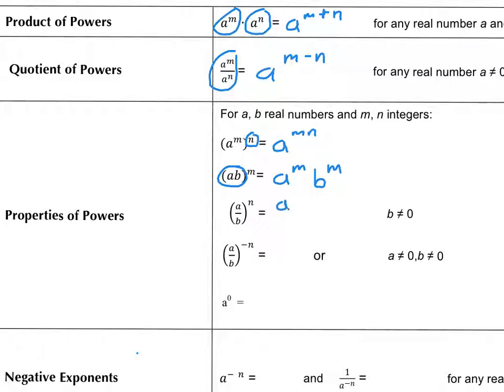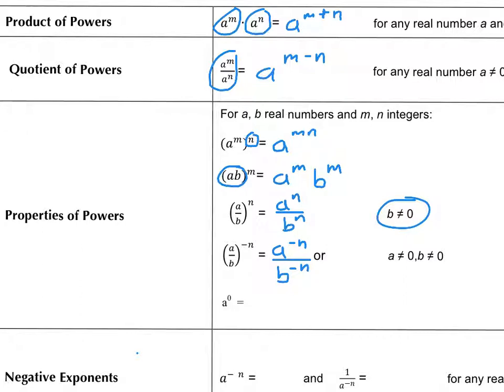So a to the n over b to the n. And since you're not allowed to divide by 0, we put that little stipulation there. Okay, so over here, you have to make sure the exponent hits the top and it also hits the bottom.